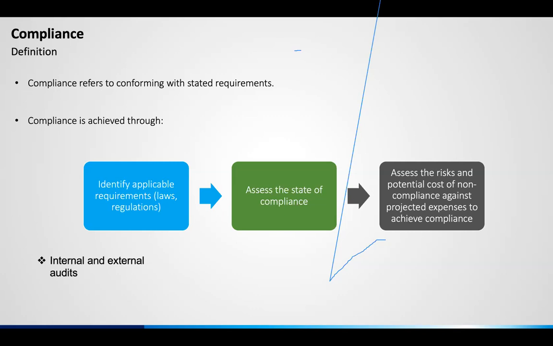Of course, they lose their license to operate. Is this something they are willing to take? Of course not. So we are better off complying with these requirements. You come back and ask, what do these regulations actually require me to do? Make sure that this is actually implemented.